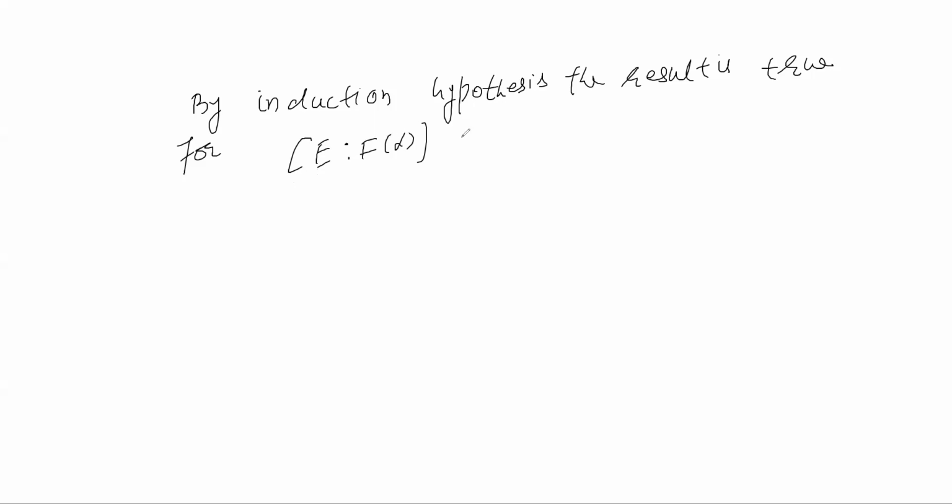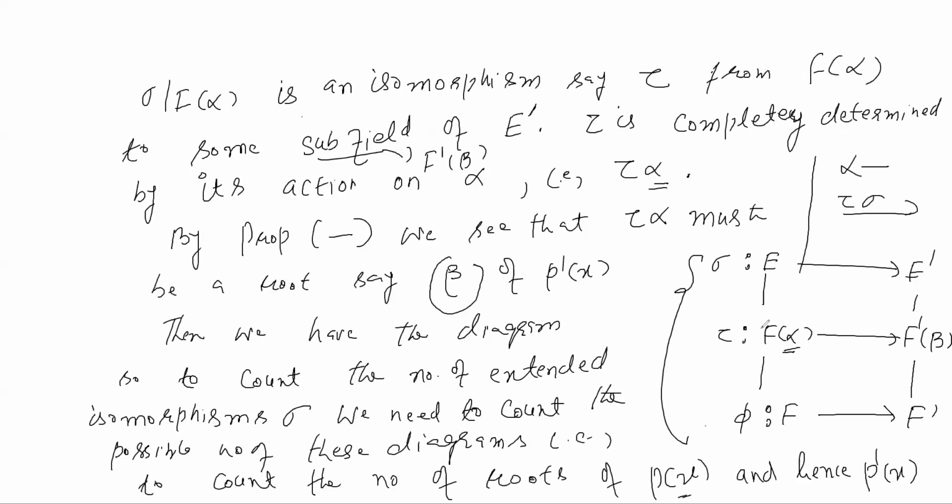So this means what? That is the number of extensions of tau to sigma, because if you see the diagram, we are going from here to here in this case.